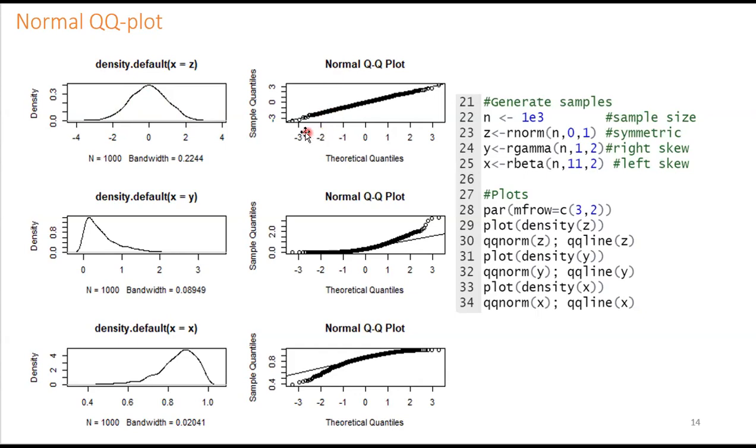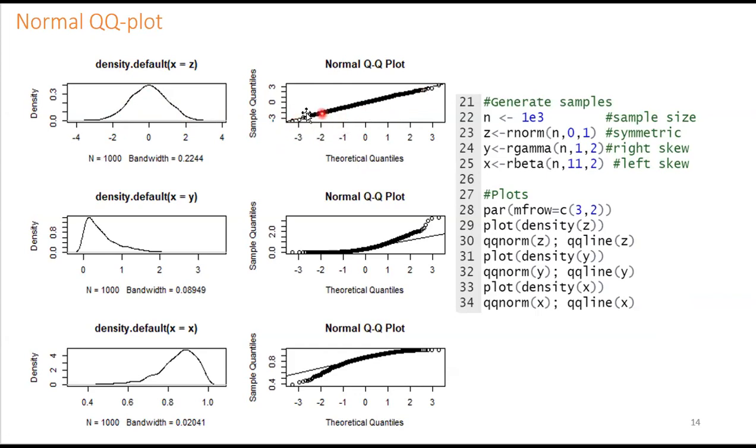Now, the normal QQ plot plots the theoretical quantiles versus the sample quantiles. You don't have to understand exactly how you're going to construct the sample quantiles. But just note that underneath these circles, which are the data points, is a line, and that line is a 45-degree line, so it's mapping y equals x.